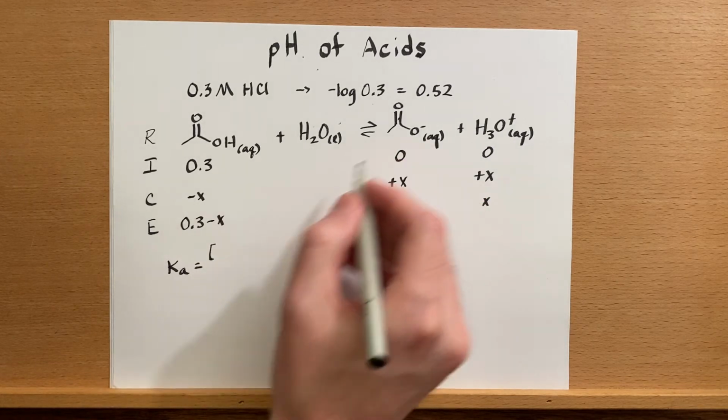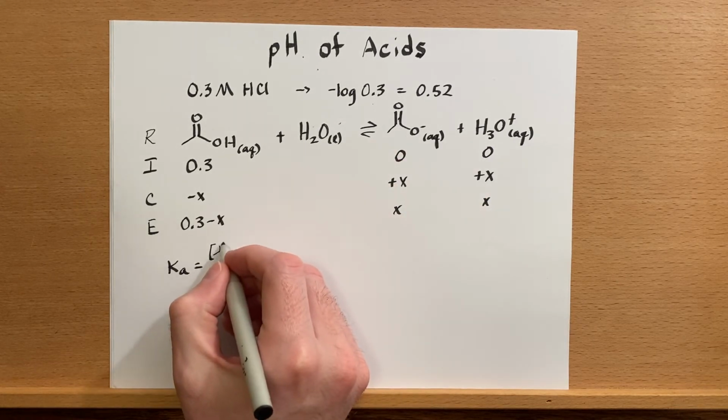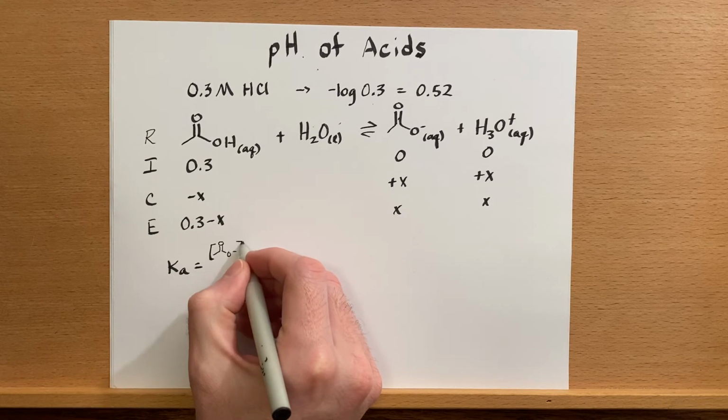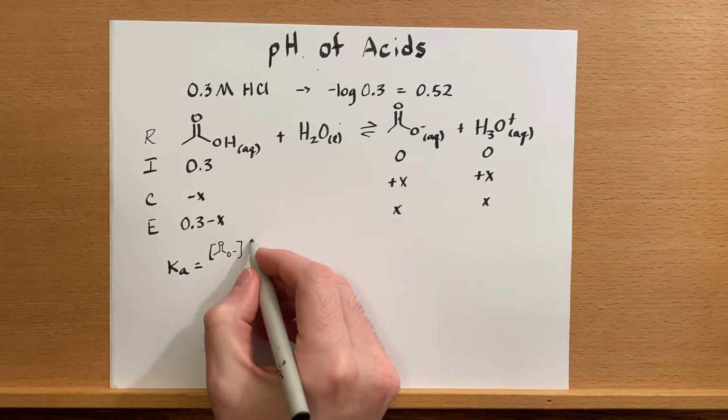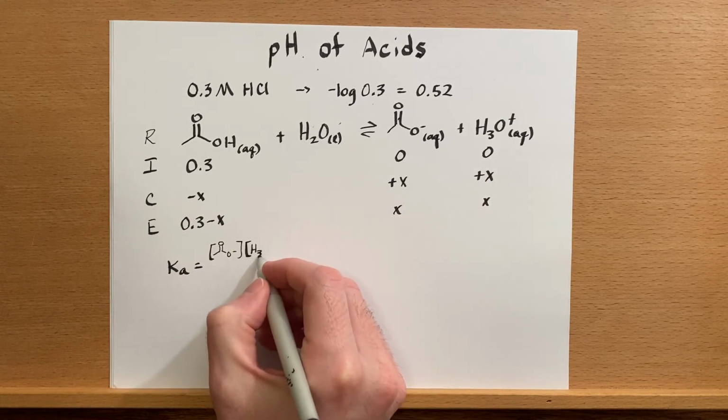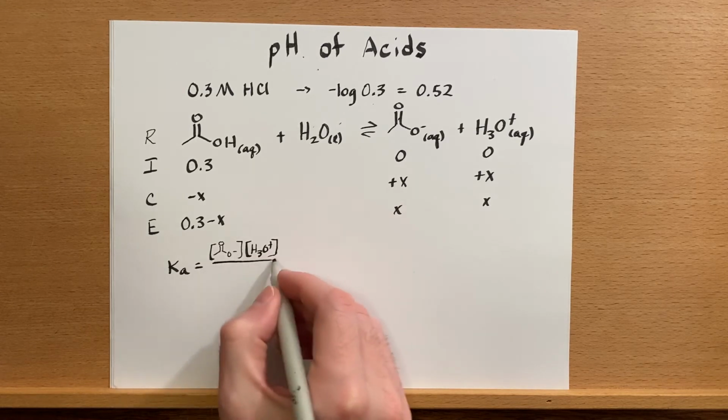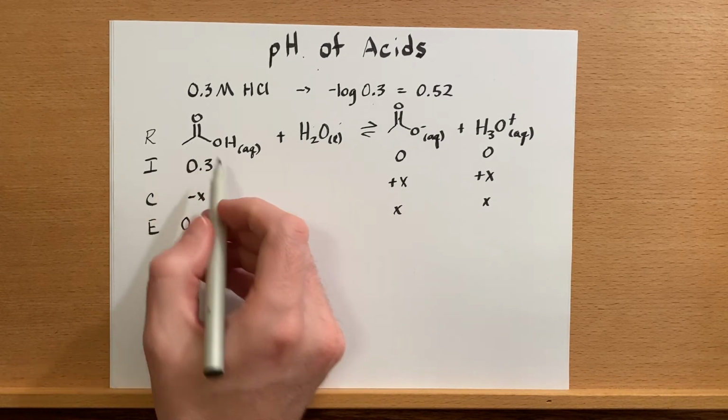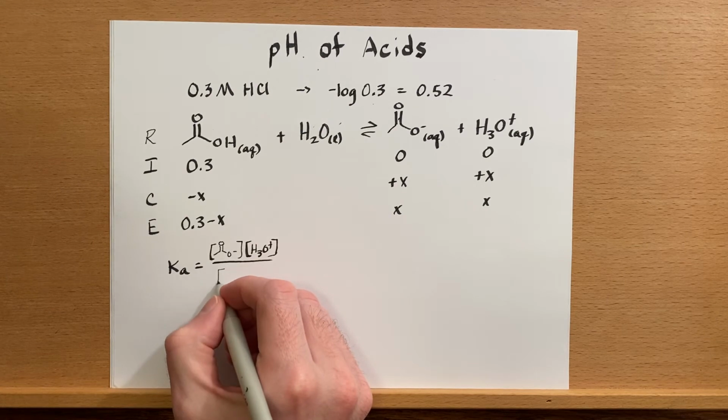So we have the acetate ion right here. And then H+ divided by our acetic acid concentration there.